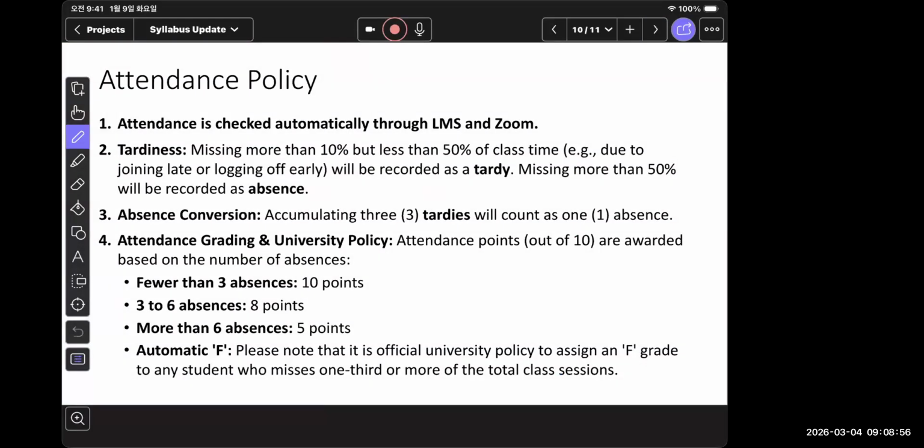Here is the policy regarding the attendance. The attendance will be checked automatically through LMS and Zoom. If you attend more than 90% of the class time, you will be regarded as attended.